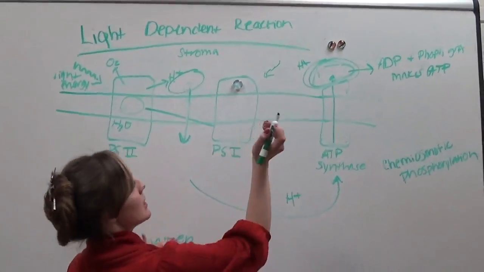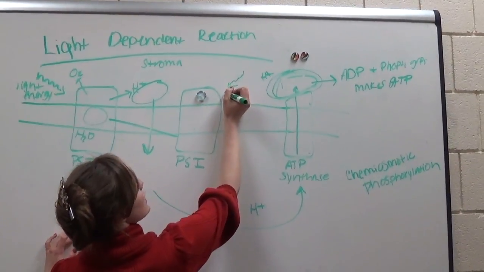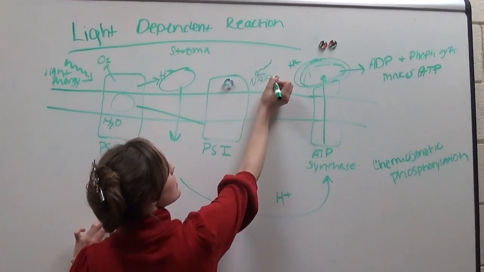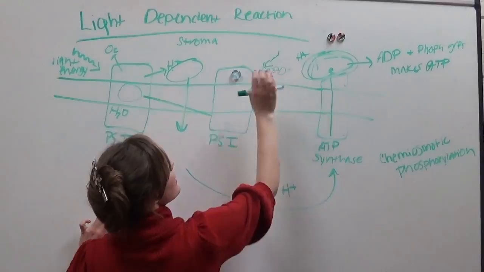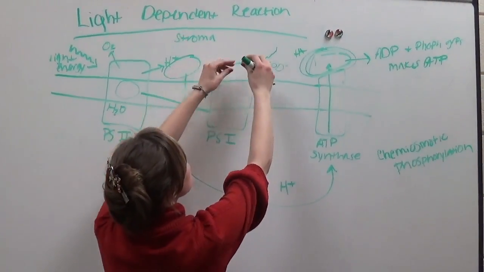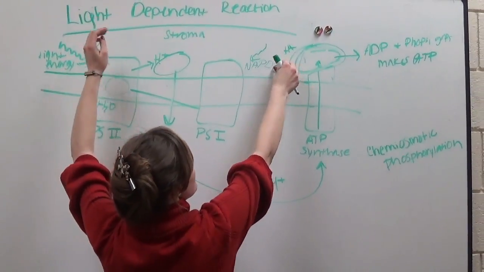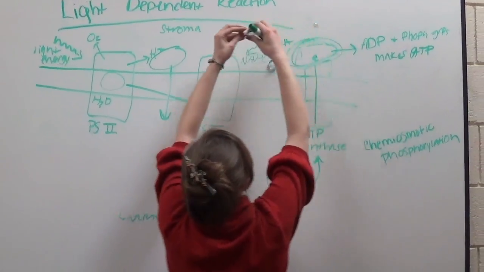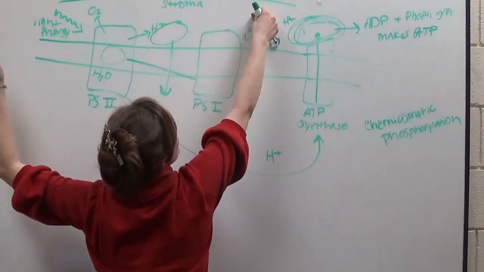So basically, this electron acceptor is going to pass this electron to NAD+, as well as hydrogen ions that are hanging out in the stroma.